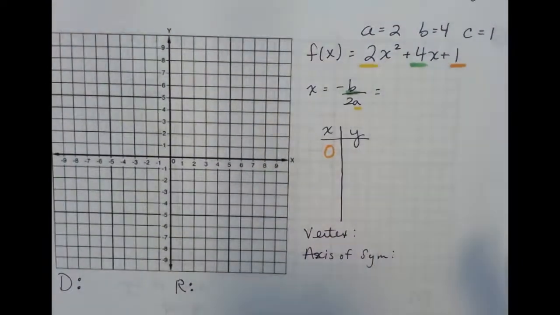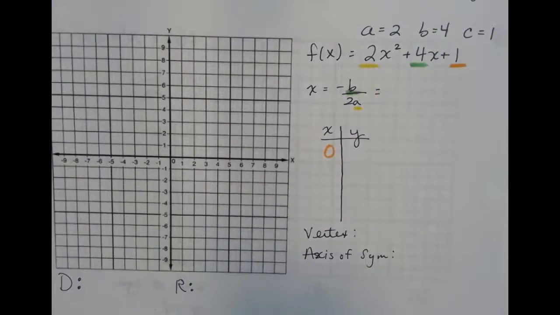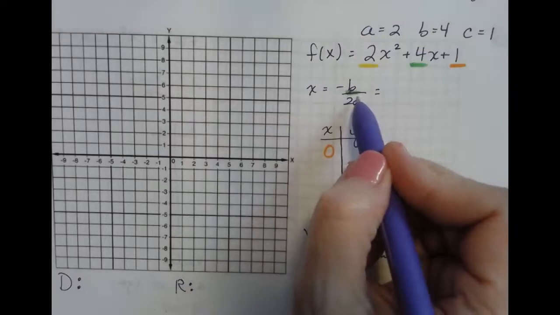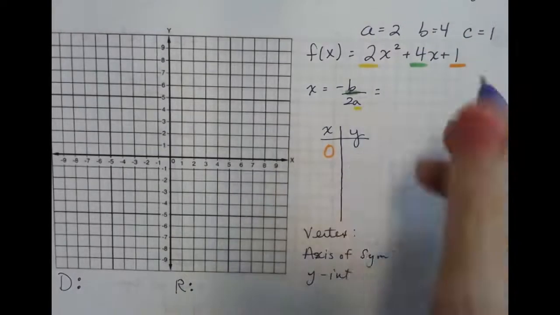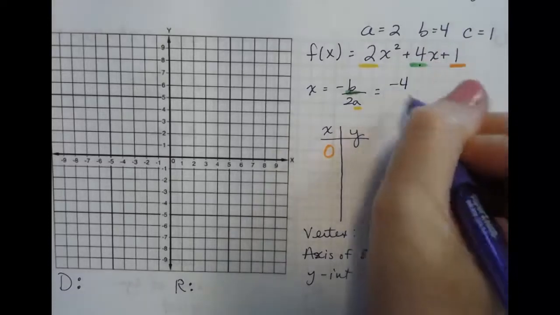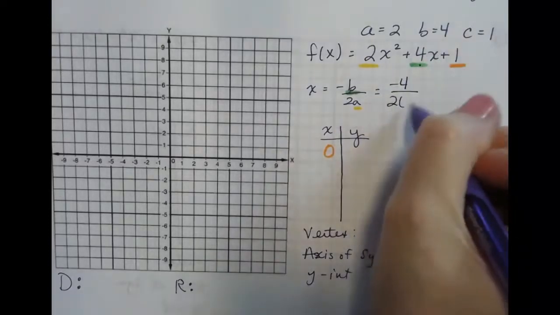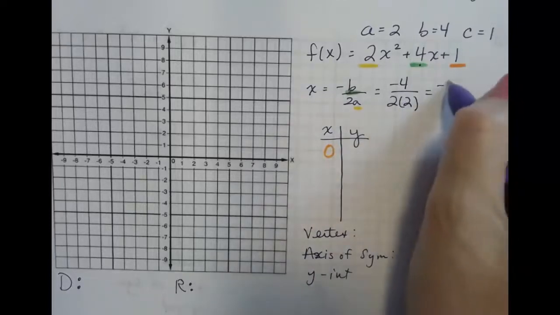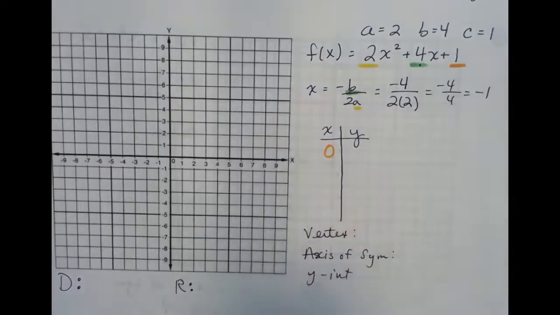So these are the first things that we need to extract from our function, and that will allow us to find the vertex and the axis of symmetry. So here goes. The x coordinate of the vertex: the opposite of b is negative 4, over 2 times a, which is 2, so we get negative 4 over 4, that is negative 1.